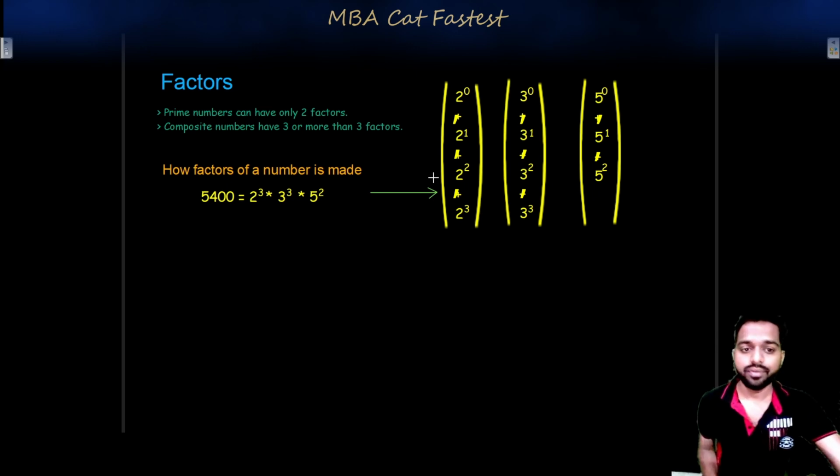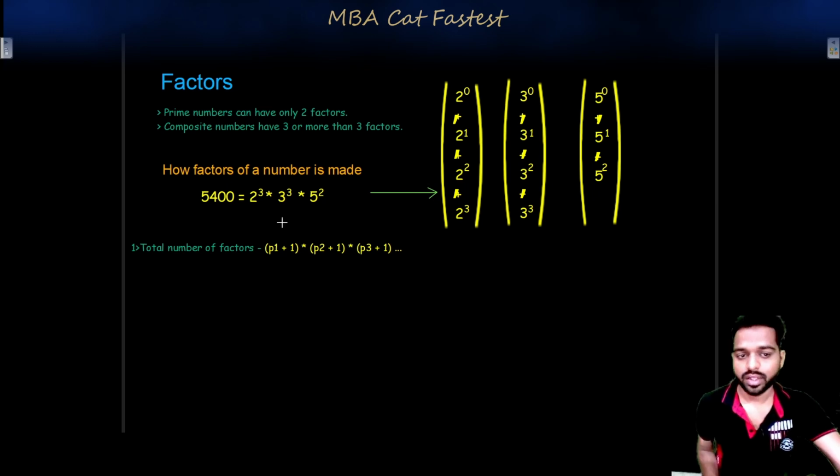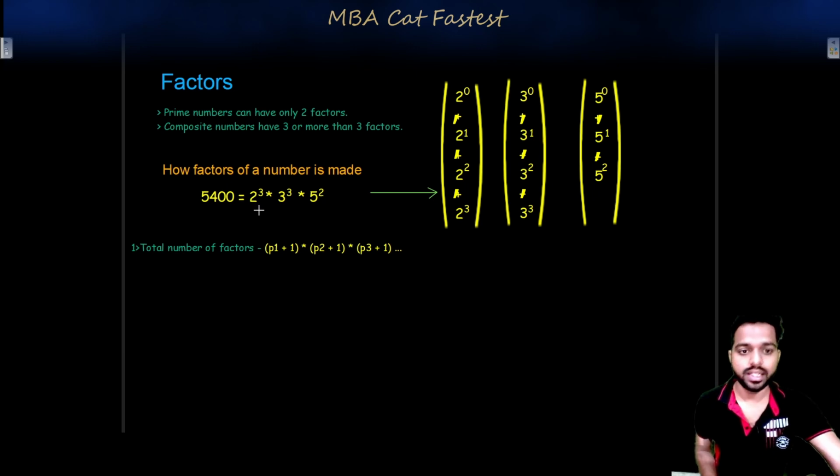Now, if you want to find out the total number of factors, the first process is you need to write the number n in its prime factorization form, as it is written on your screen: 2 cube, 3 cube, 5 square for 5400. And now what you need to do is add plus 1 to whatever the prime power is.